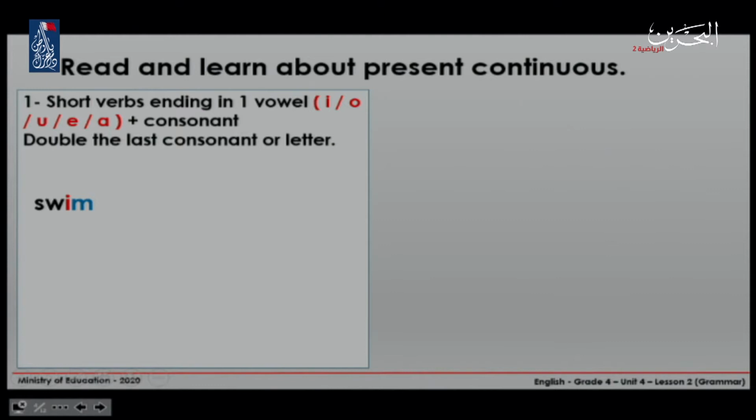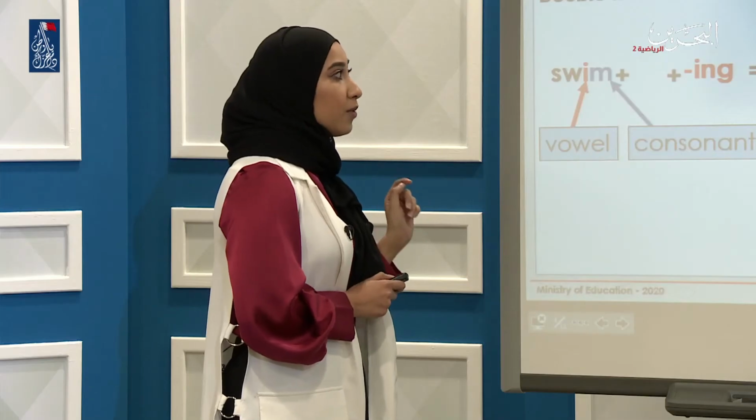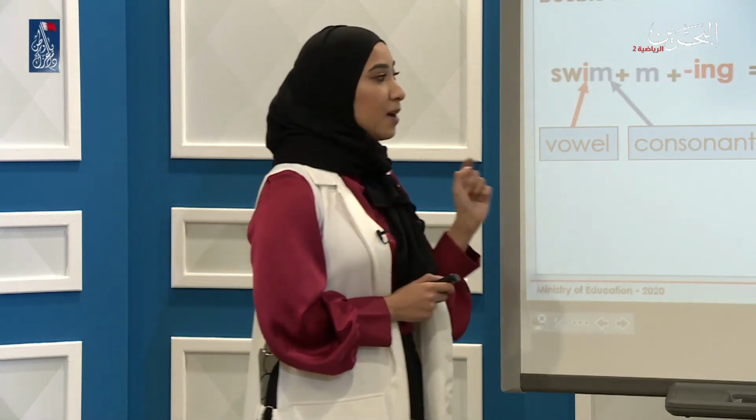We have the word swim, and we will add ing to change it to present continuous. In the word swim, we have the vowel I, and we have the consonant M. So what are we going to do? We will double the letter M, and it will become swimming.